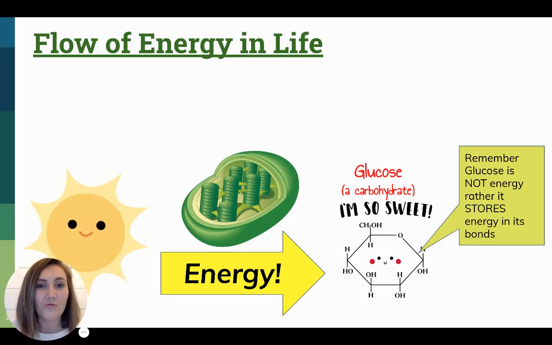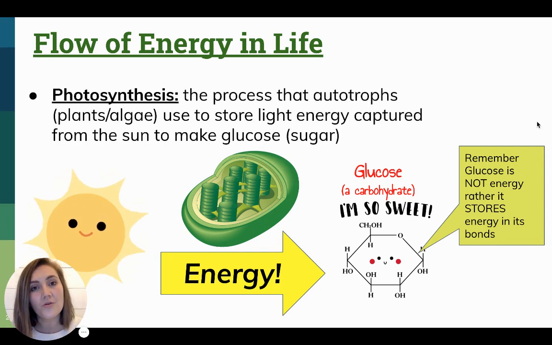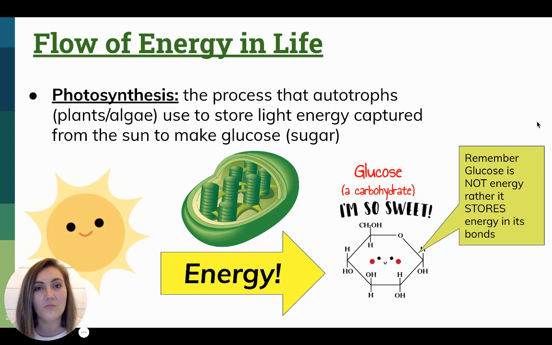So here's just the general overview of photosynthesis and how the flow of energy works in this process only. Photosynthesis is the process autotrophs, so plants and algae, use to store light energy that the autotroph has captured from the sun to make or build glucose molecules, and those are sugars.